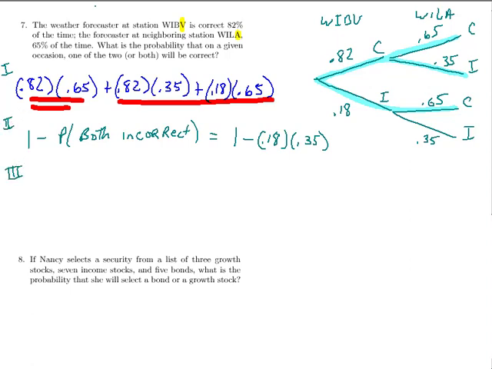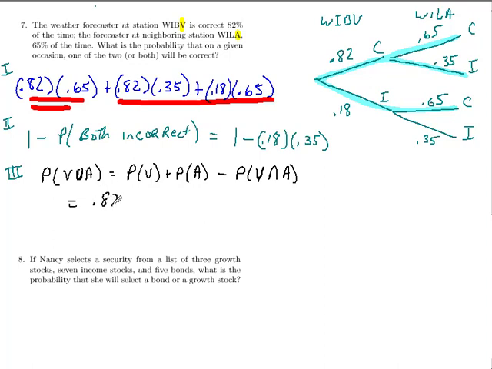Method 3, if you want to do this, you could have said one or the other or both. That's a union. I'll use the V and the A. So V union A. So probability the first person's correct is 0.82.